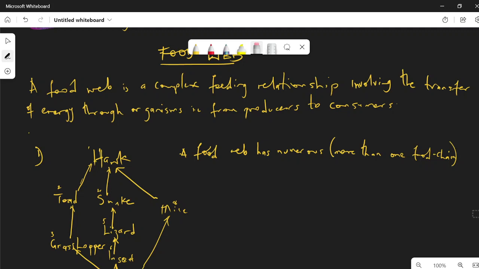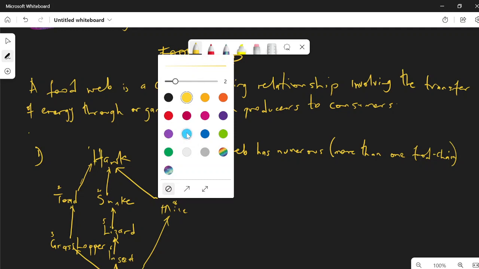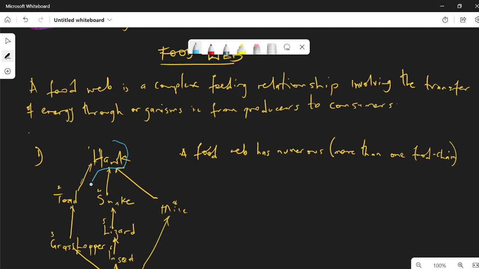So that is why it is referred to as a complex feeding relationship. Now let us look at this. Let us quickly try to map out the number of food chains that we have in this food web. This is one chain. Let's do it this way.